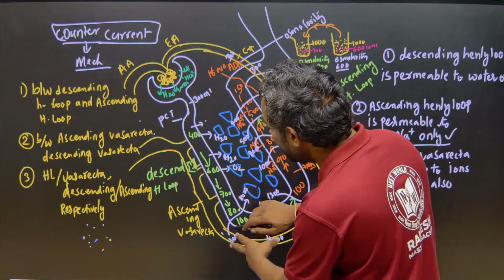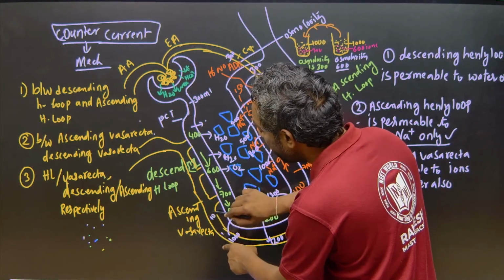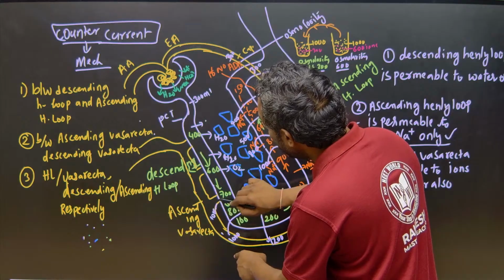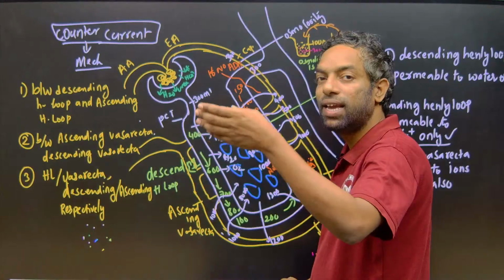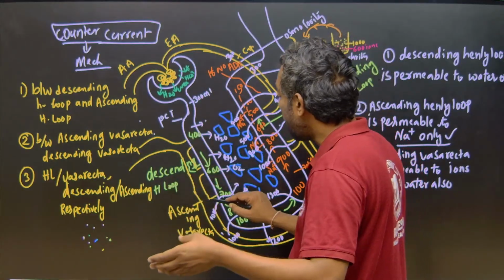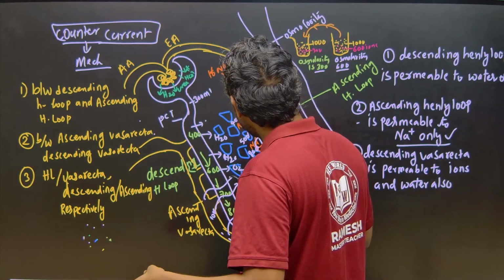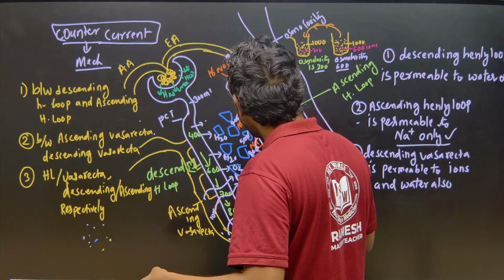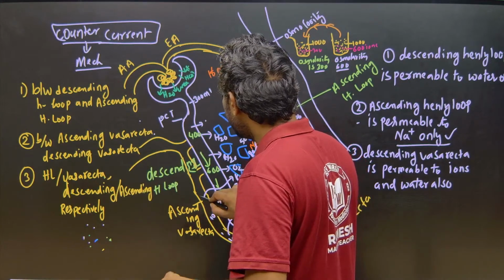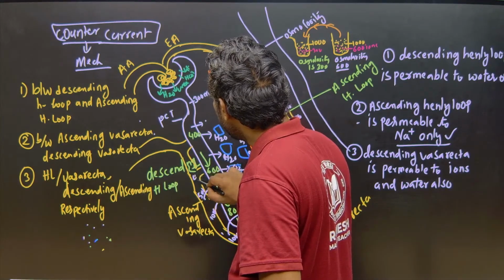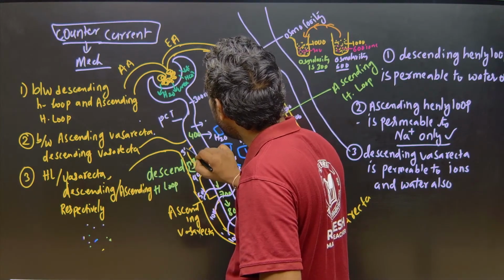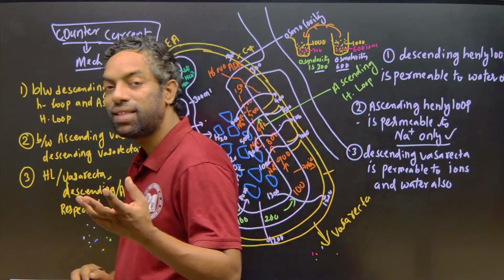In this condition, the ions at 1000 can transfer from the ascending Vasa recta, giving the ions into the medullary interstitial fluid, to be removed down to an osmolarity of 400, and like that they maintain up to 300.